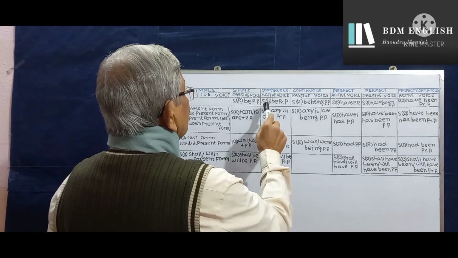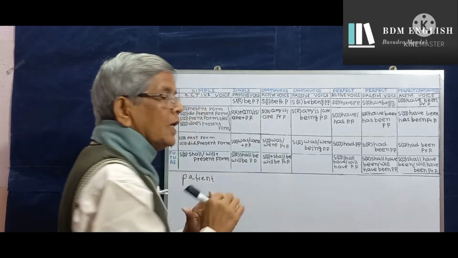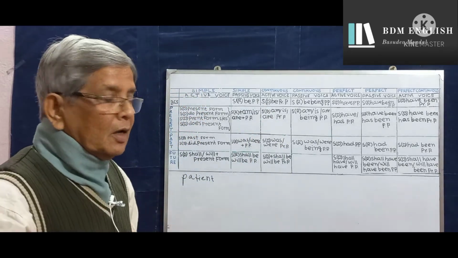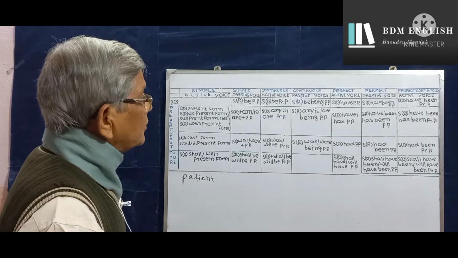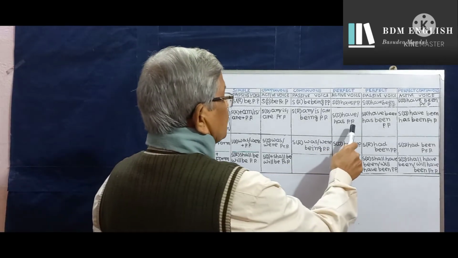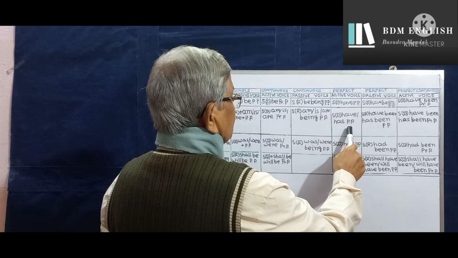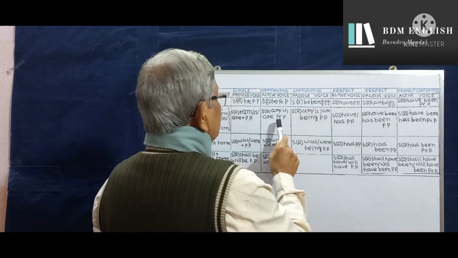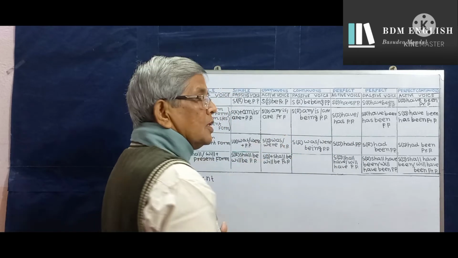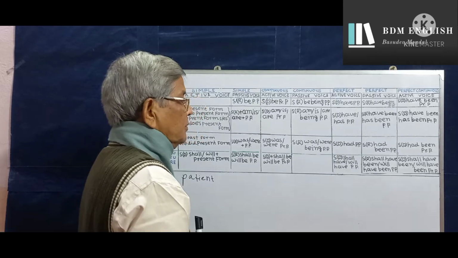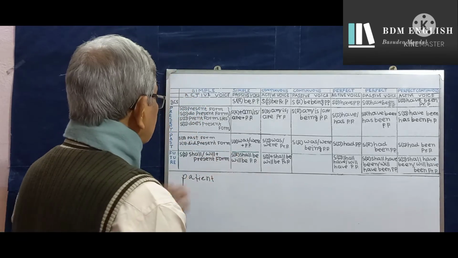The letter D stands for doer, that is the agent or the performer of the action of the verb. PP stands for the past participle, and PRP stands for present participle.